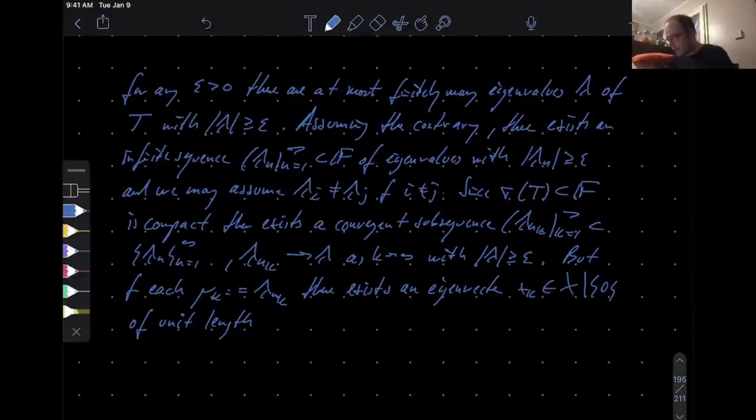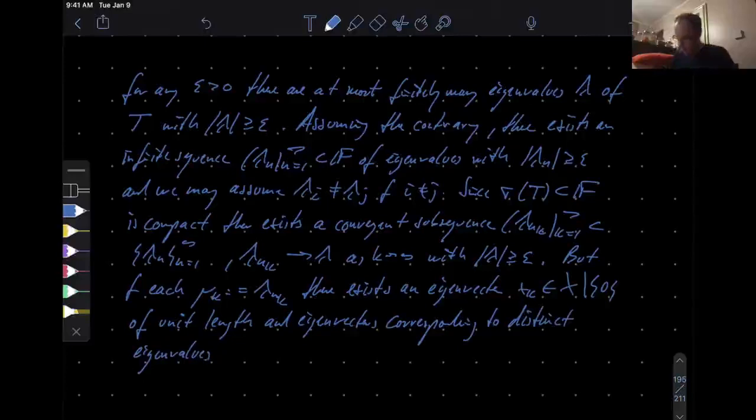Of unit length and eigenvectors. Remember, I assume that the sequence up there, all the terms are distinct from one another, and that means in particular that the eigenvectors corresponding to distinct eigenvalues are linearly independent. This is a fact from linear algebra that carries over without any modifications to this context.